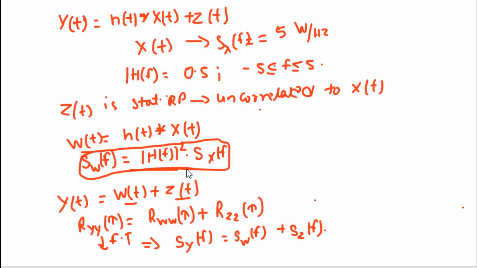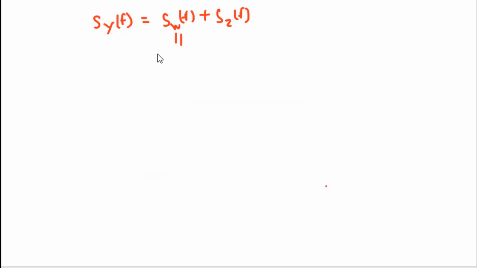So now you have S y of f, the PSD of the random process y of t, which is S w of f plus S z of f. Also, S w of f is given by magnitude of H of f whole squared into S x of f, plus S z of f.